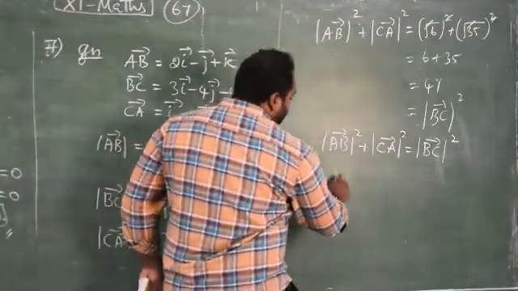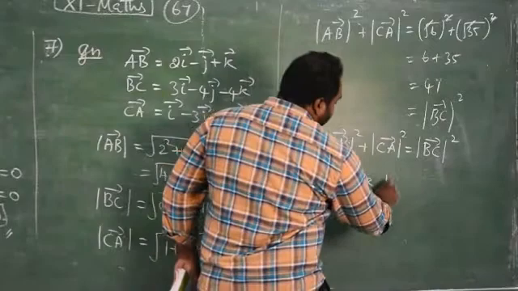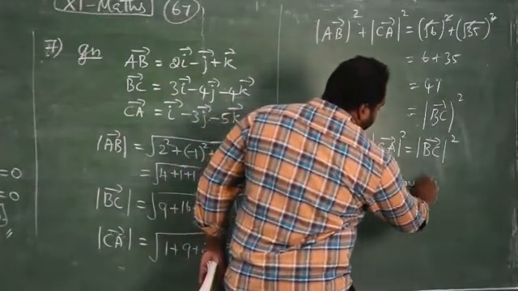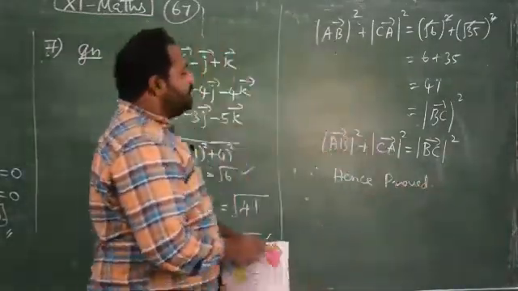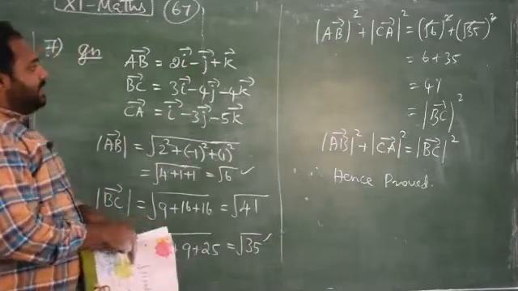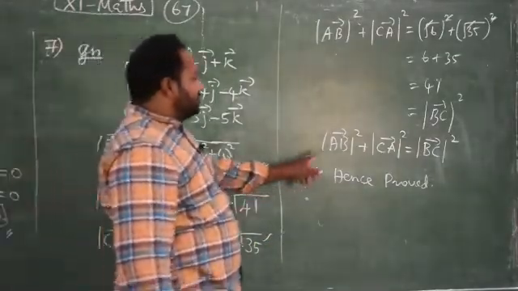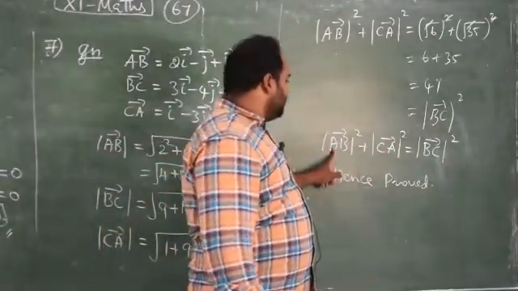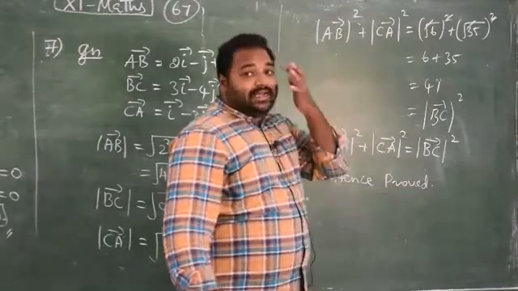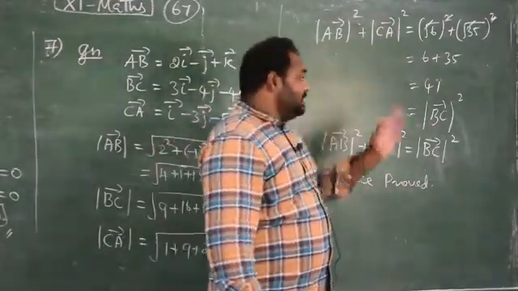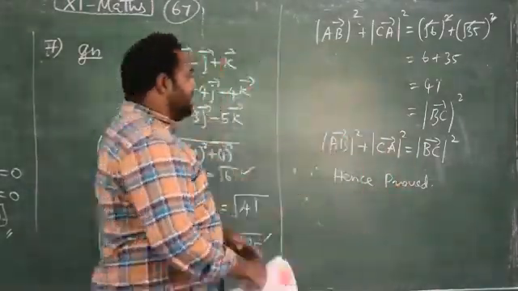Hence proved. So the given vectors are making a right angle triangle. The 90-degree angle is at the point A, which is common to both.